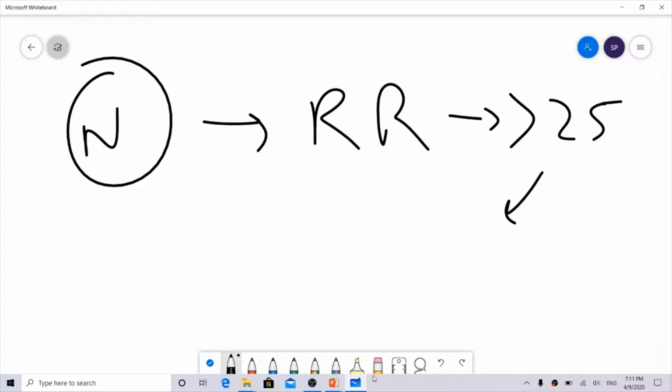If during a spontaneous breathing trial you find that the respiratory rate is more than 25, then that is not a good sign. You need to keep that in mind.